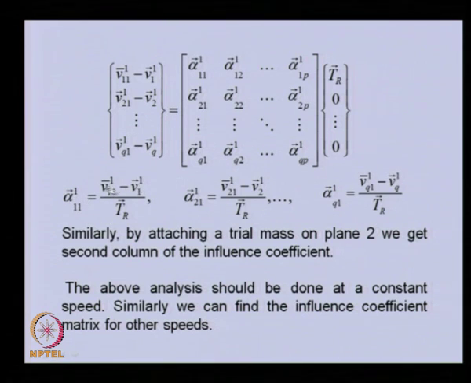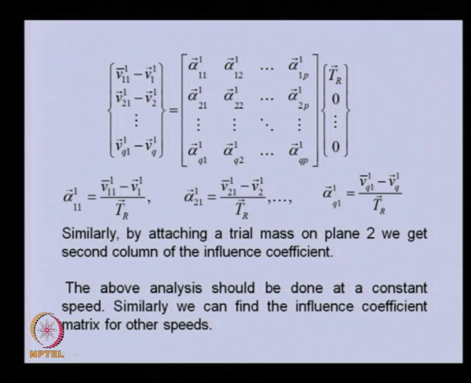We have measured these responses, both amplitude and phase. Also, the trial mass, we know the magnitude of that and at what orientation we have kept it. So, this influence coefficient can be obtained from the first equation. Similarly, this influence coefficient can be obtained from the second equation. If we expand the second equation, most of the terms will get cancelled, only this will be remaining. So, we can get this influence coefficient.